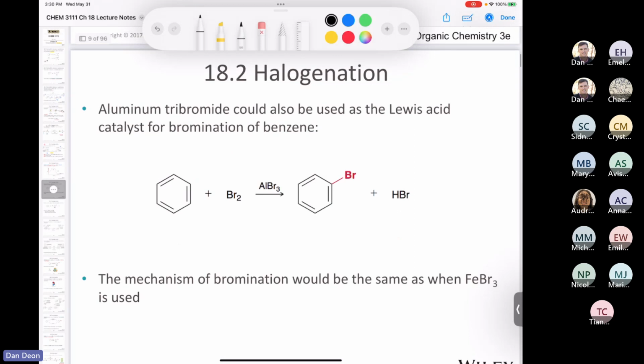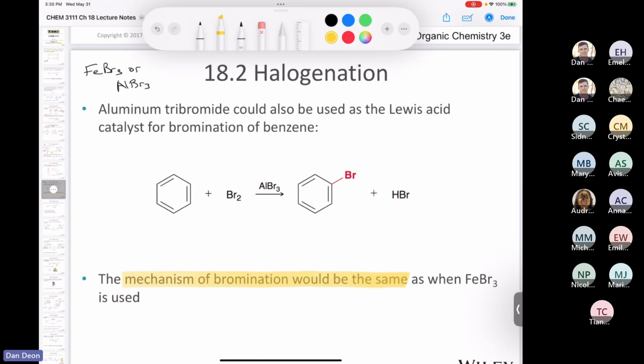So you can also use other Lewis acids besides iron 3 bromide. You can use iron 3 bromide, sure, that will work, or you can replace it with aluminum tribromide as your Lewis acid. That works perfectly well. And the good news is that the mechanism would be the exact same as written with FeBr3. There's no differentiation there whatsoever.